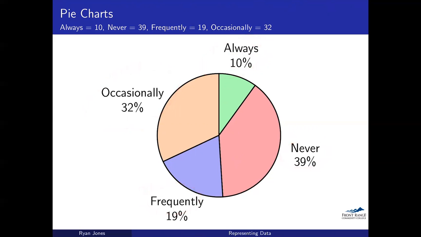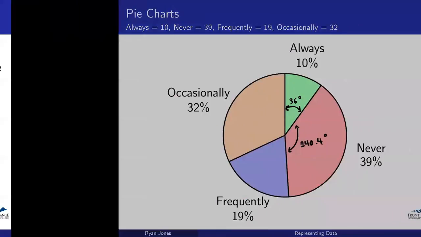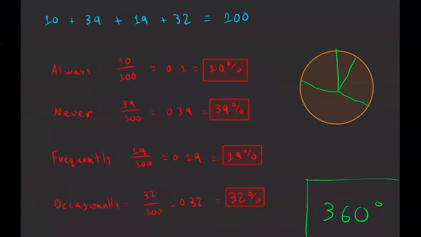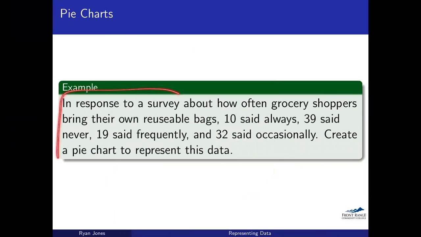We've got a pie chart that shows us the portions of people that responded which, and someone who's looking at this can very clearly see that most people say never or occasionally, and then there's fewer people that say always and frequently. It's very easy for someone to look at this and figure this out, as opposed to having to look at your data as it was stated in a sentence format.